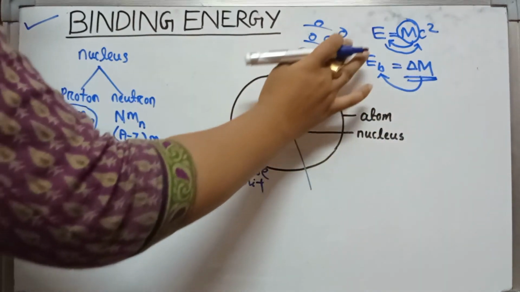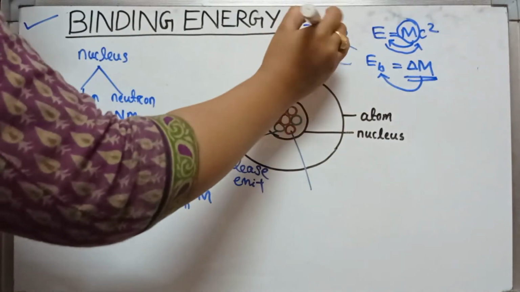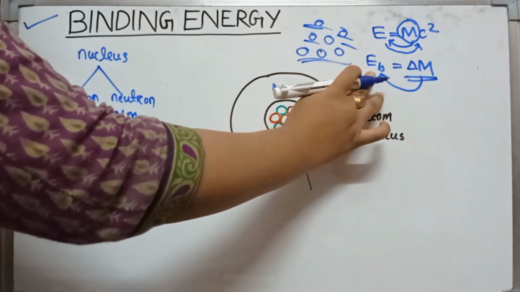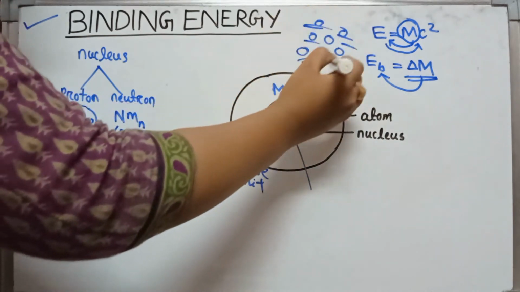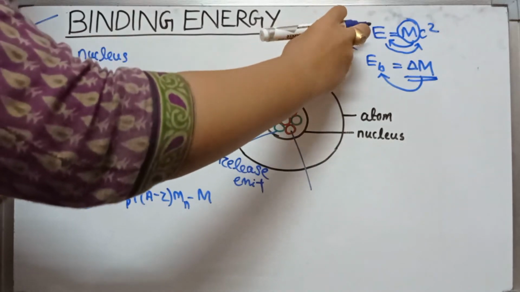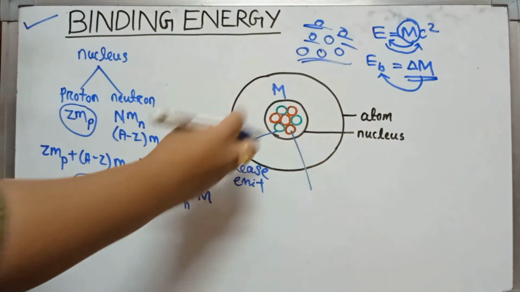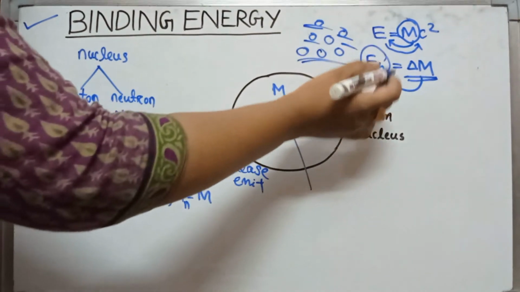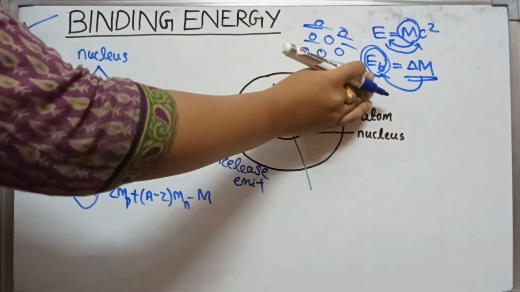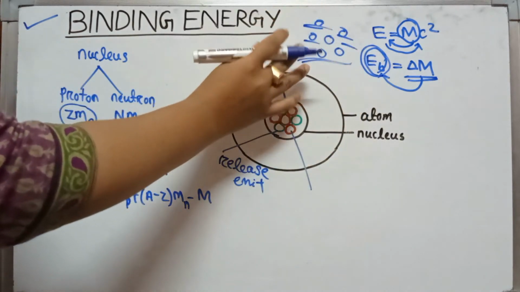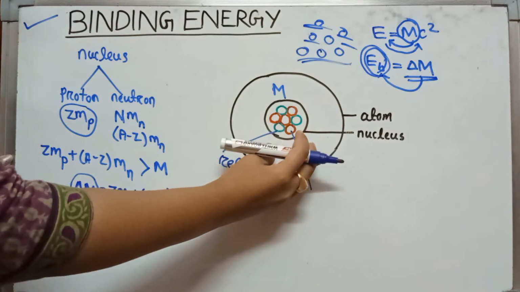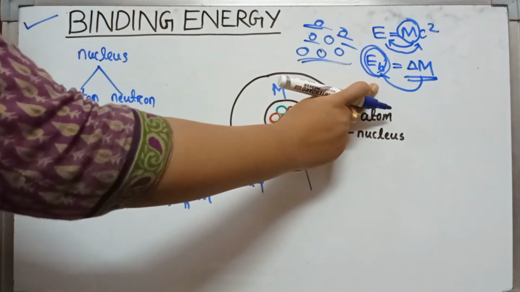That means when all the individual nucleons are present, if we provide this amount of energy to these nucleons, they come closer and bind together inside the nucleus. We also say that the amount of energy by which all the nucleons are held together inside the nucleus is known as binding energy.